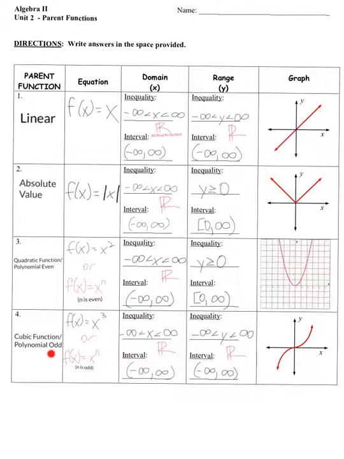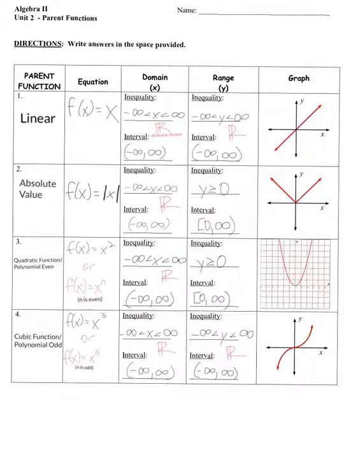If you were to call x to the fifth power a cubic function, that would be wrong. Same thing back here. If you did x to the fourth power and said it's a quadratic function, that would be wrong. Quadratic function is a term reserved just for x squared. Same thing for cubic function, reserved just for x to the third. But if you call x squared a polynomial even or x to the third polynomial odd, that's still correct, because it falls under that category.